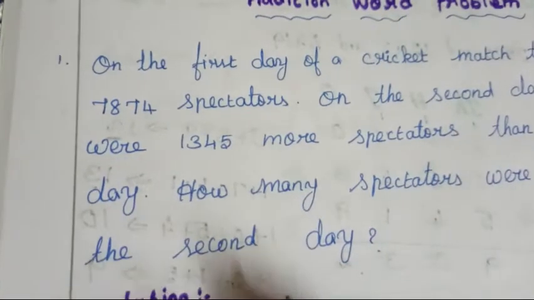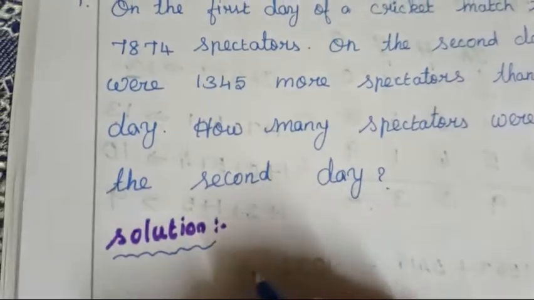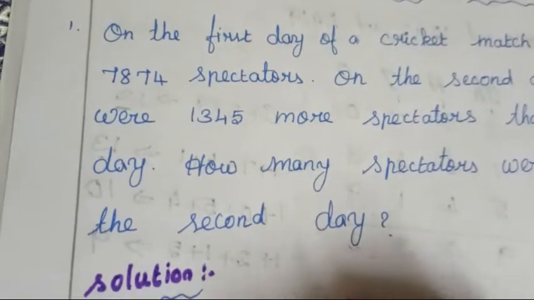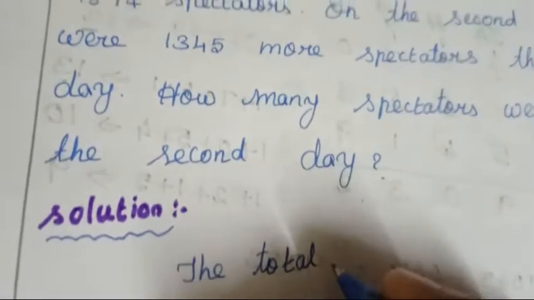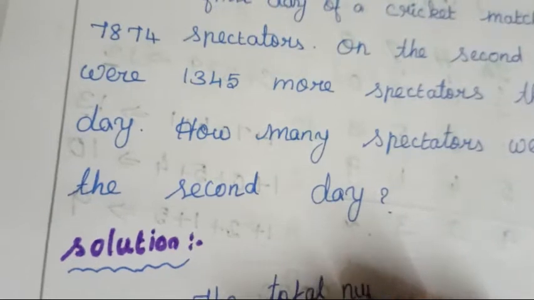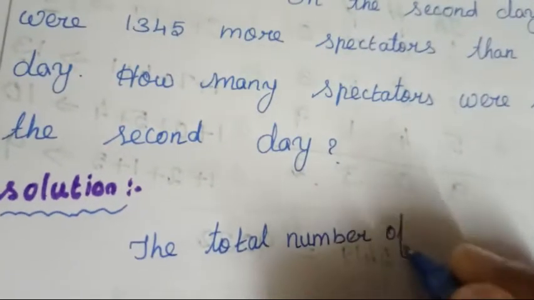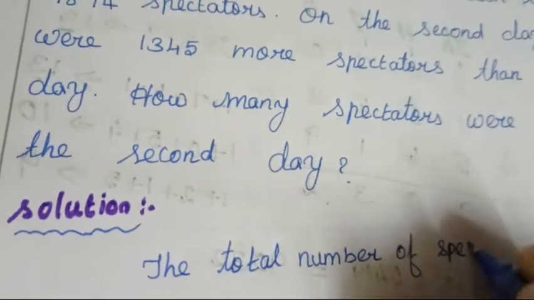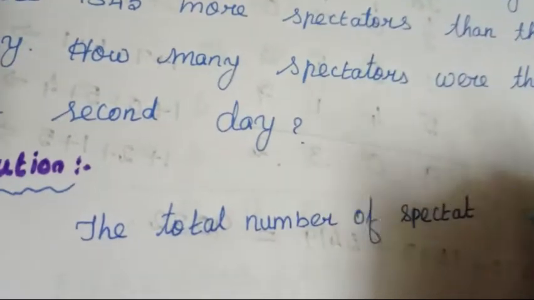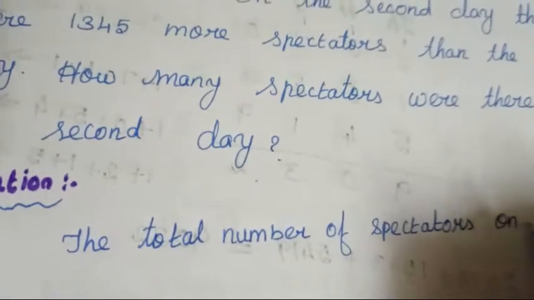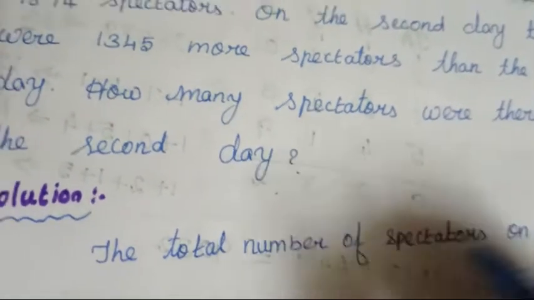First you have to write the total number of spectators on the first day match.